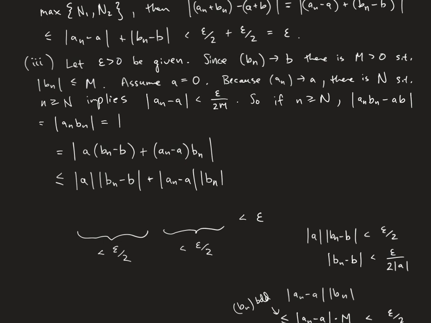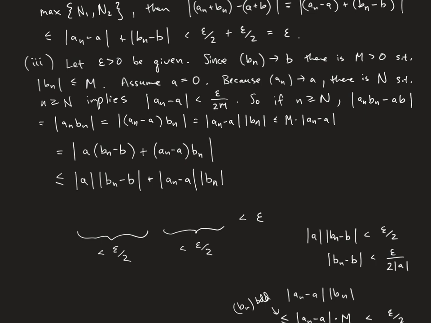That's the same as, again, because a is 0, just (a_n - a) times b_n. And that is equal to the absolute value of a_n - a times the absolute value of b_n. The b_n's are all less than M, so this is at most M times |a_n - a|.